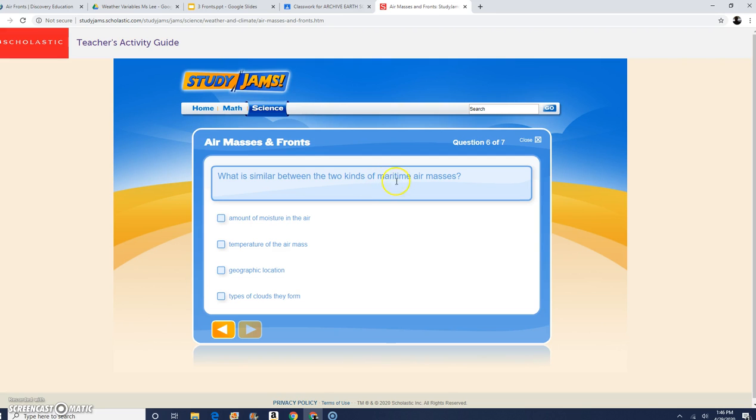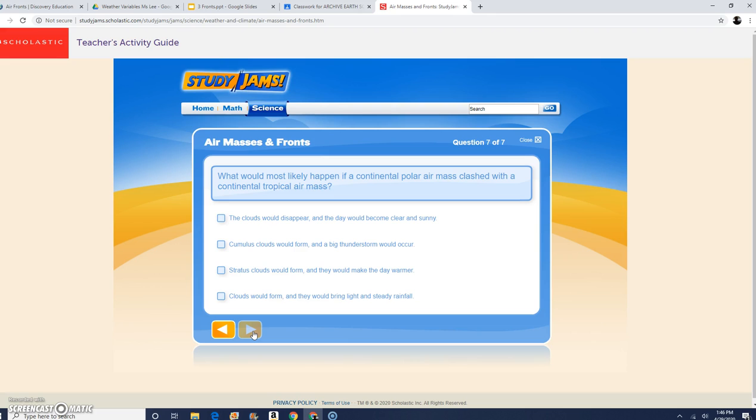So maritime means over the ocean, but either a warm ocean or a cold ocean. But the ocean will tell you that it's dealing with what? Okay, so if it's over the ocean, it's dealing with some kind of humidity or moisture.